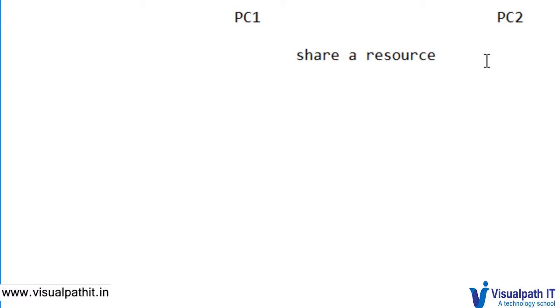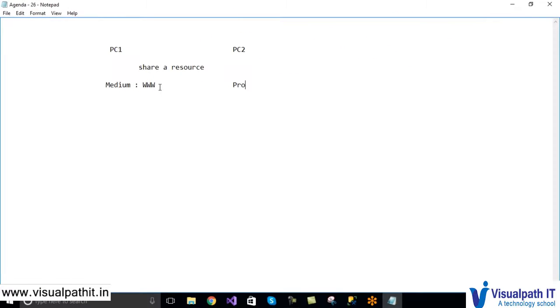Now to share a resource we again need a medium. The medium is the www. The www is the medium through which they would like to interact. They are using the World Wide Web medium, and instead of languages they'll be using protocols.